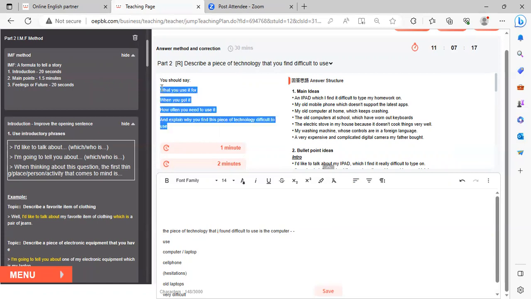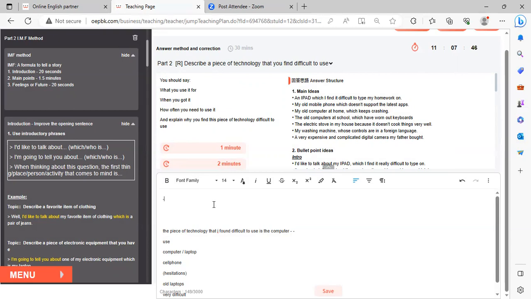Now, what you use it for, when you got it, how often you use it, and of course you need to explain why you find this piece of technology difficult to use. Now this is where you need to spend your 1 minute. You need to write down important keywords for 1 minute.